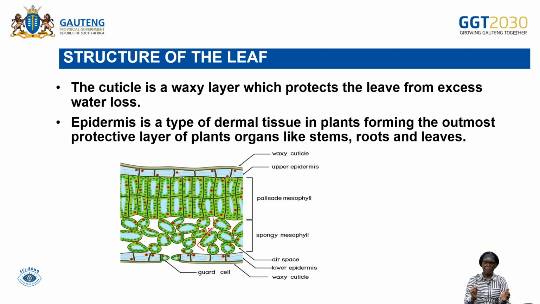On the lower epidermis, we have the guard cells, the two guard cells. These are the guard cells. We find an opening here known as the stomata.